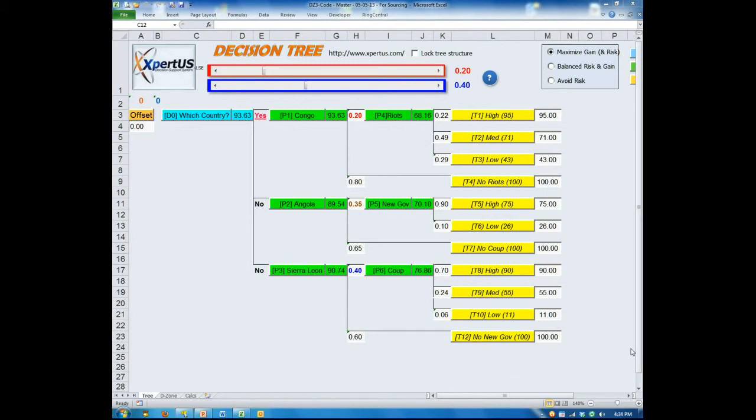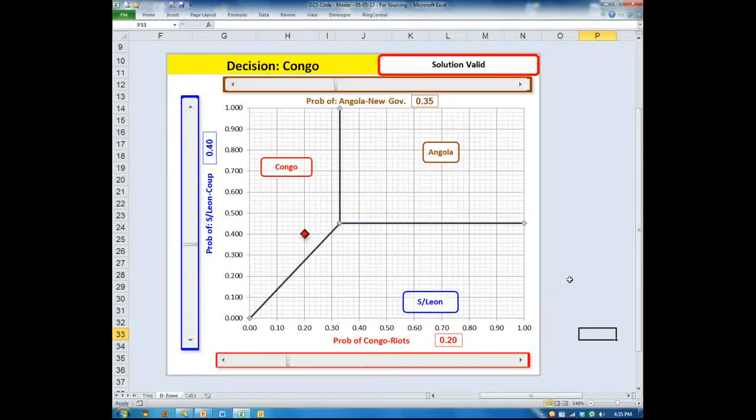Here we have the decision tree model of the sourcing problem. Under this scenario, the recommended decision is to source from Congo. Let's look at our decision zone map. Here we have 3 scroll bars now. The red, which reflects the probability of Congo riots.